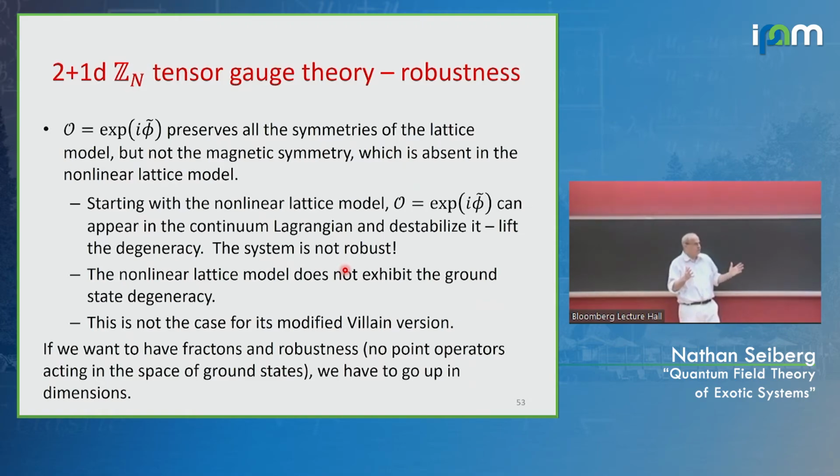This is the ultimate UV-IR mixing. I do not know how to think of it conceptually. This is a huge question, but this formula for the ground state degeneracy can be obtained either for the X-cube model or for others. I did not manage to do it for all cases, but for many cases I know how to do it with my fantastic collaborators.